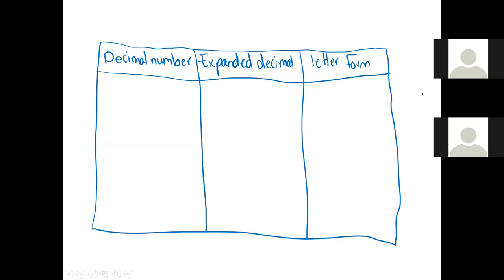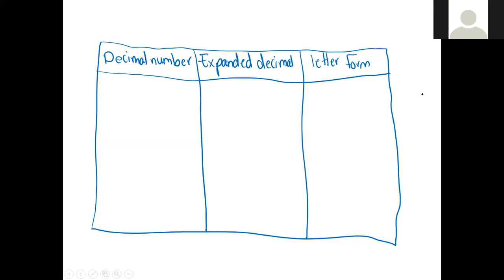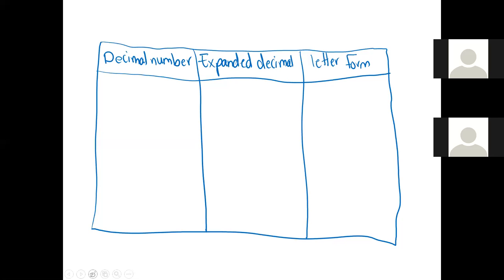Who did that? The 3 boxes. What's your name, the one who wrote 3 boxes? Decimal number. Let's write 12.91.